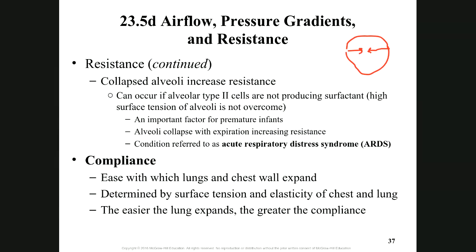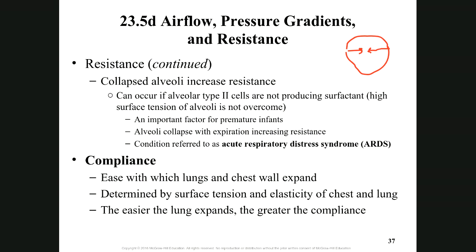But due to release of surfactant from alveolar cell type 2, the water molecules cannot attract each other, because this is an oily, nonpolar secretion which covers the water molecules, and it doesn't let the alveolus collapse.